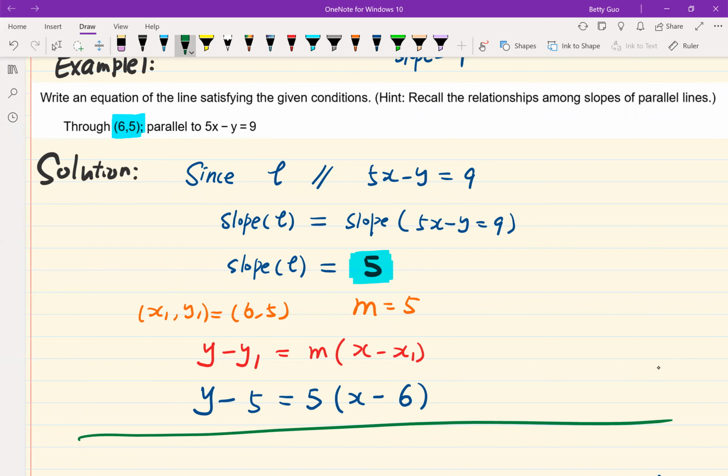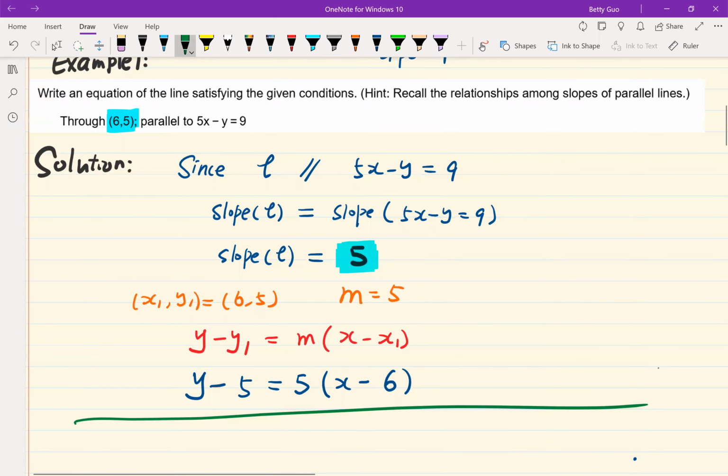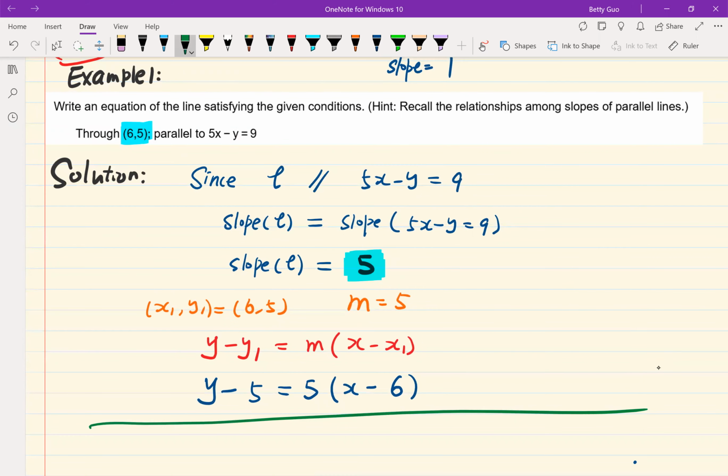I'm gonna add one more part for this example. I want you to rewrite the equation in the slope intercept form. Yeah. So what if I add one more part?